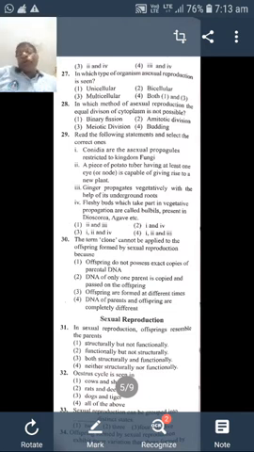How the potato is propagated means potato is propagated through node. Of course, the answer is right.